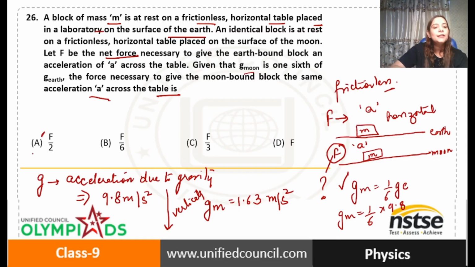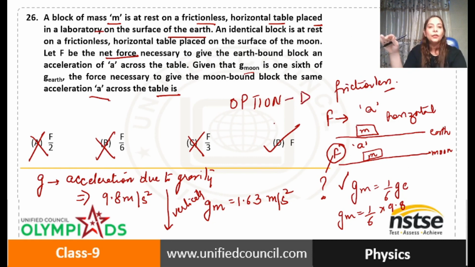Therefore the answer won't be F by 2, F by 6, or F by 3. It will be option D. The reason being, both the surfaces are frictionless and the movement is horizontal, so whatever force you apply, the body is going to move horizontally. In that case, vertical force doesn't play any role.